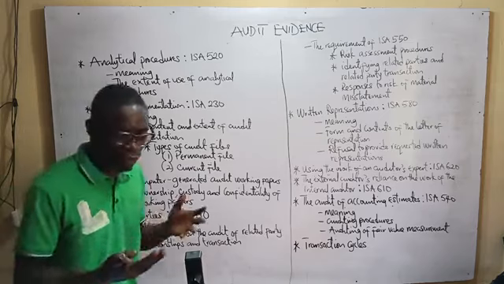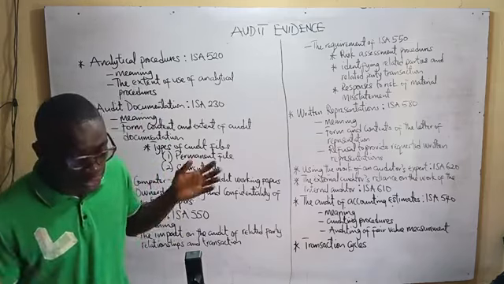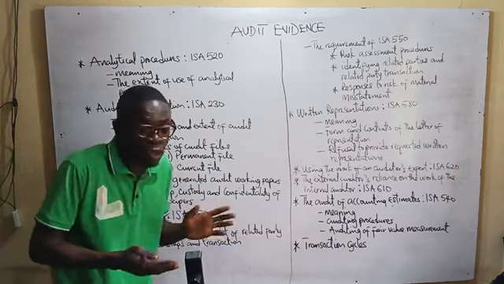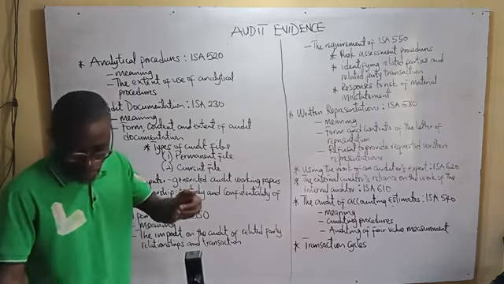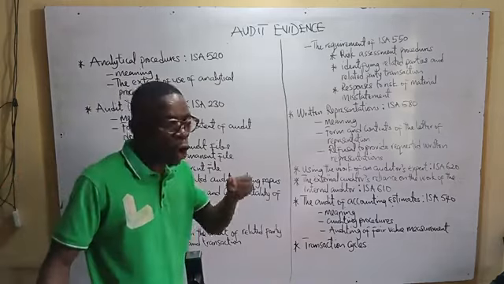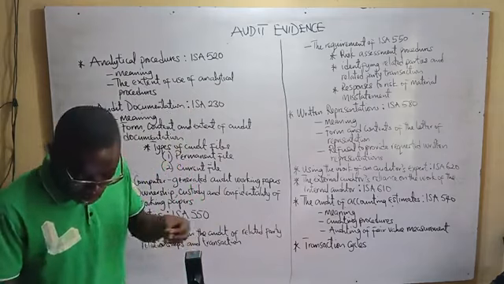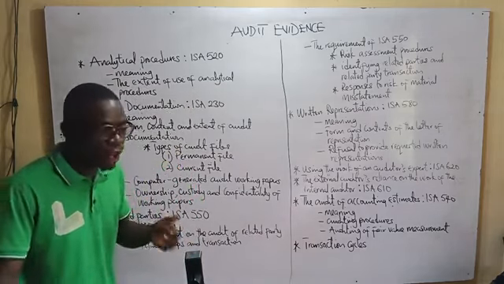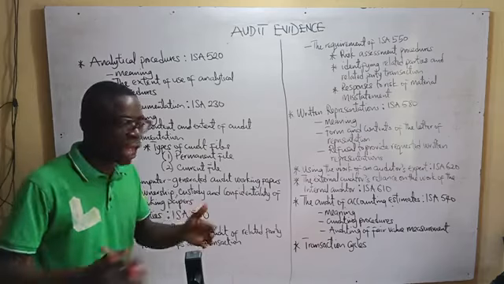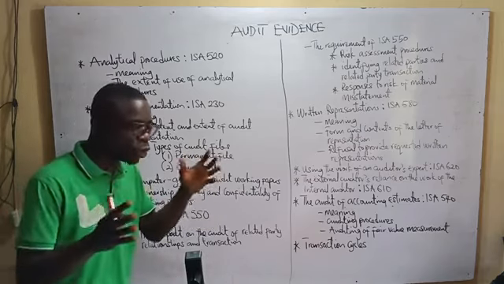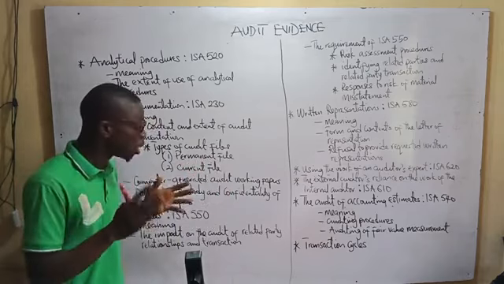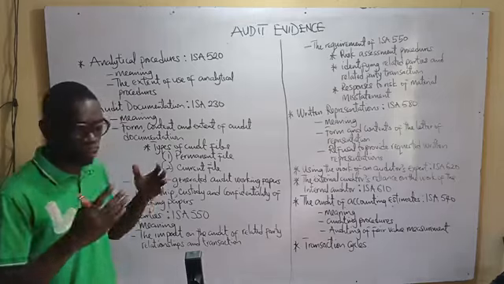So after 5 years, you can decide to either keep it, or dispose of it. But that 5 years counts from the date that the audit report has been issued. The minimum period for keeping an audit working paper by an auditor is 5 years.